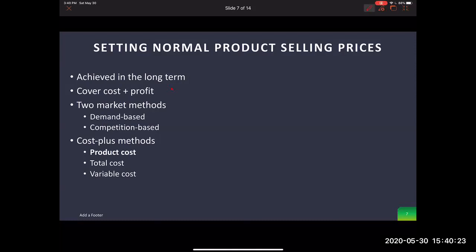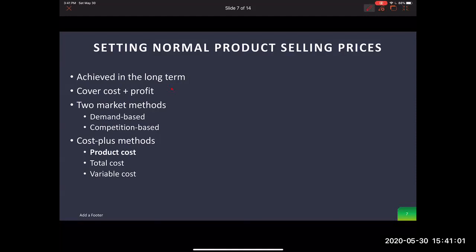When Gain decreases their price, Tide would likely adjust their price as well, because it's competition-based and you want to stay as close to the competition as possible so customers will likely buy your product as well. Can you imagine if Gain dropped the price by $5 and Tide stayed at their price? More customers would flock to Gain than Tide because their price is lower. So again, it's competition-based market price.